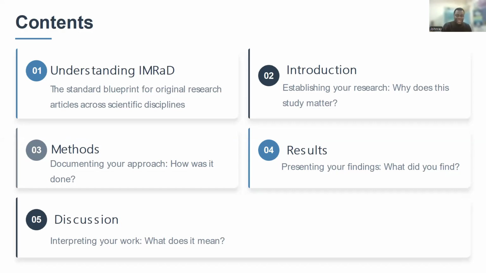If I begin to write the introduction section of my academic writing, what should I put there? What should I add? What should I remove? What shouldn't I add? And when we take the methodology, or methods, what should I put there? So today we'll discuss all these things. And I believe that before the class ends, each one of us on this platform will be able to write each section very well because we'll have a good understanding of it.